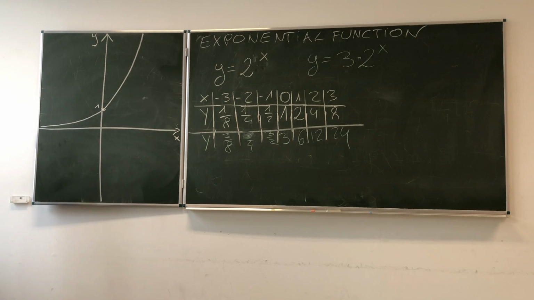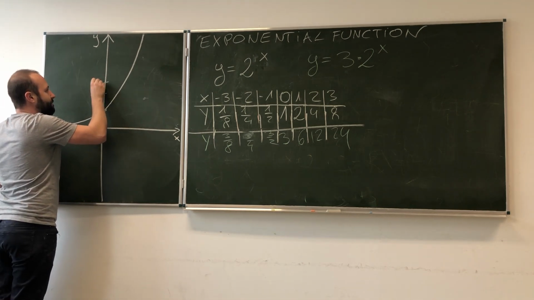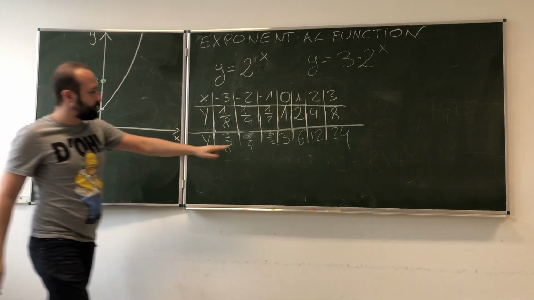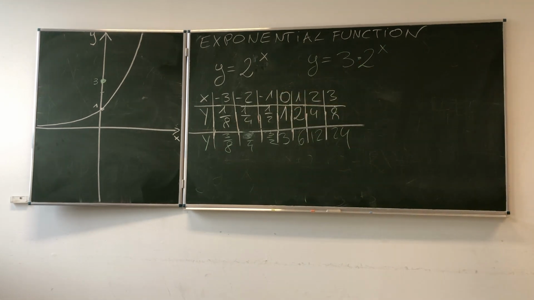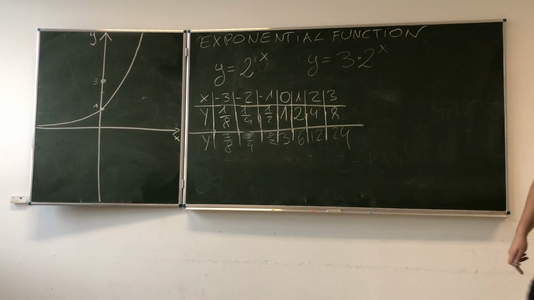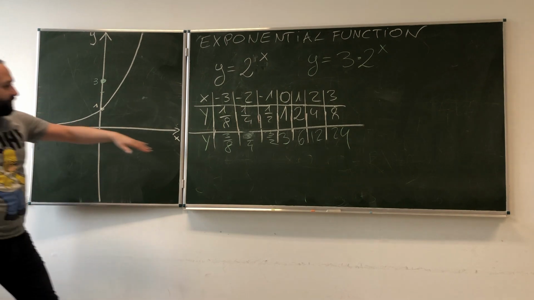But first thing we will be able to see over here is that instead of 1 as an intercept, we will have 3. But look, now the values of the function, when we move to the right from 3, are growing 3 times faster, right? And when I move from 0 to negative infinity, we see that they are falling.